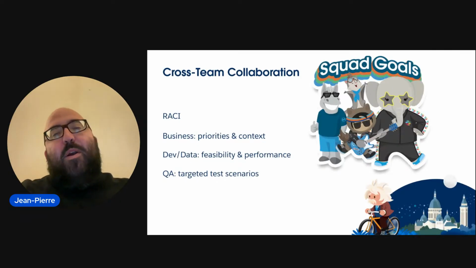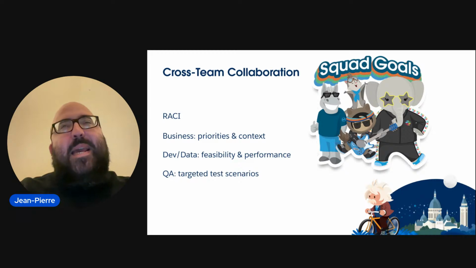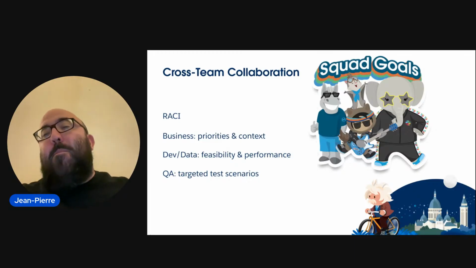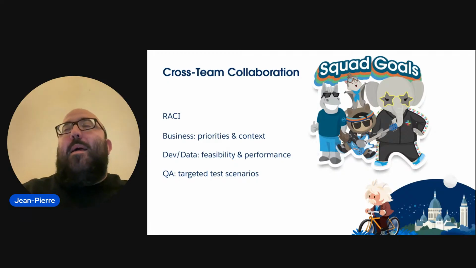So, cross-team collaboration. Obviously, the project manager is going to be involved a lot in that, but as a BA, you have a unique position to actually interact with everyone. Obviously, you should respect the RACI that is in place for your project. Maybe you could even be originating that document.